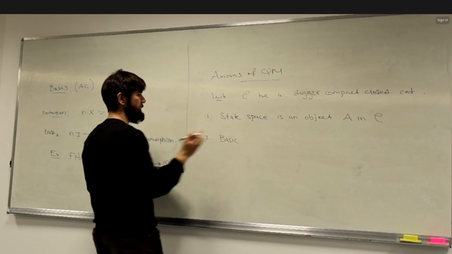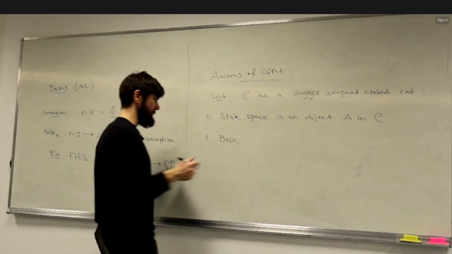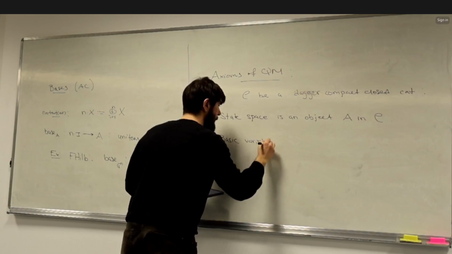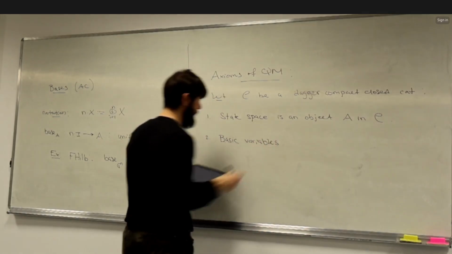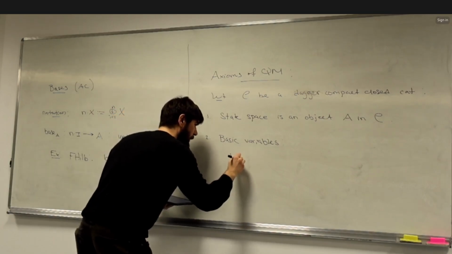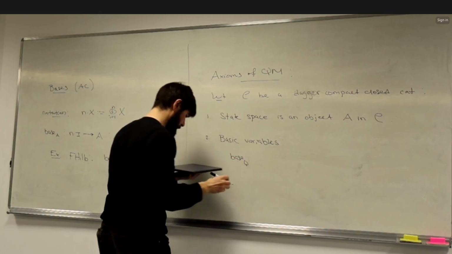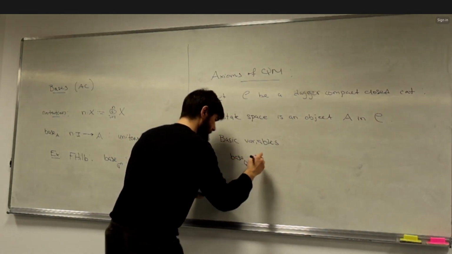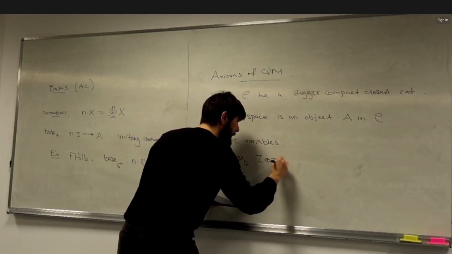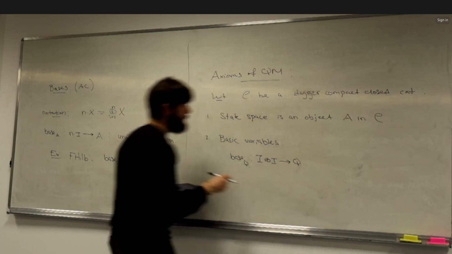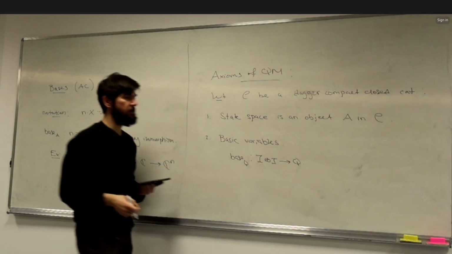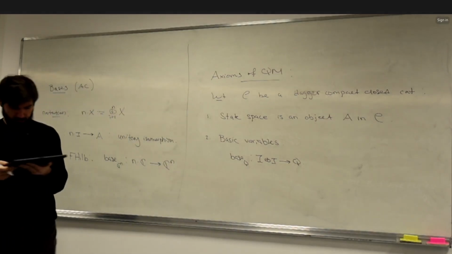This doesn't necessarily show up in any quantum mechanics textbooks as an axiom per se. Basic variables, and this will be something like a base Q, which is a map from I plus I to Q. Q we can think of as some sort of state space for a qubit. So this is like your constituent building blocks.